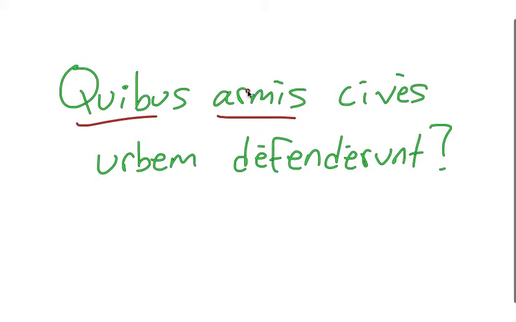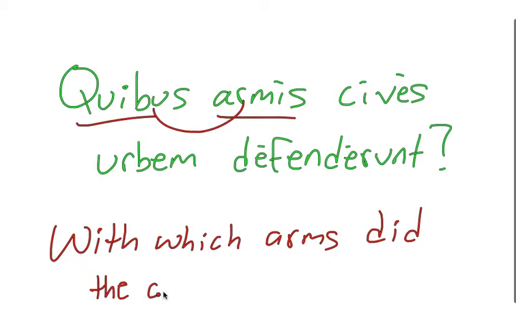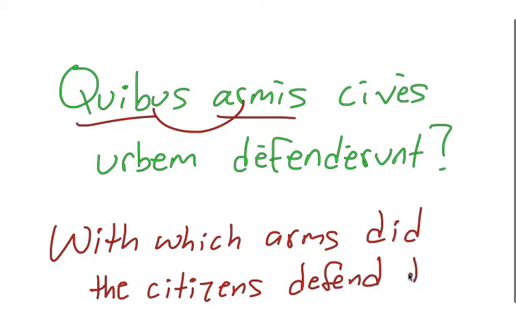First of all, it's placed right next to it. And also, they're both in the ablative case. They could be in the dative case, but when we translate it, it makes more sense as an ablative, specifically as an ablative of means this time. So, with which arms or weapons did the citizens defend the city?